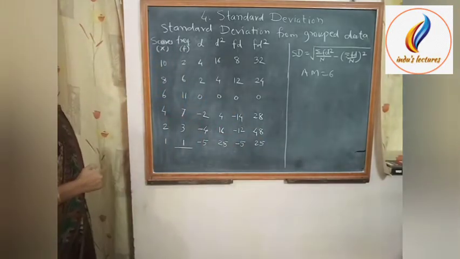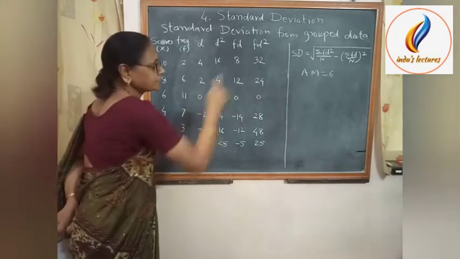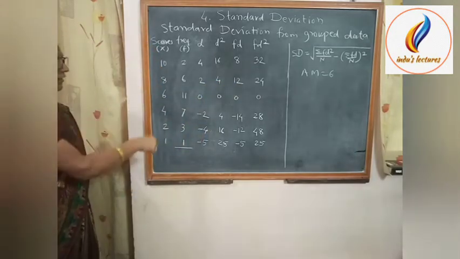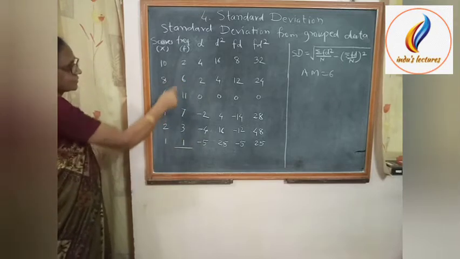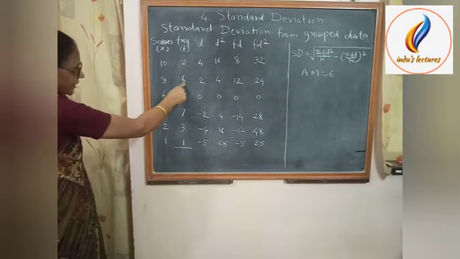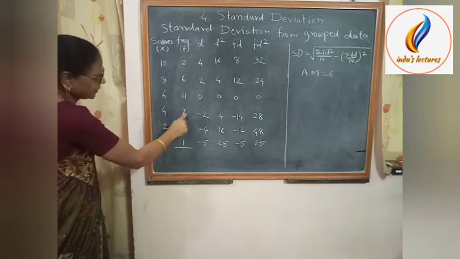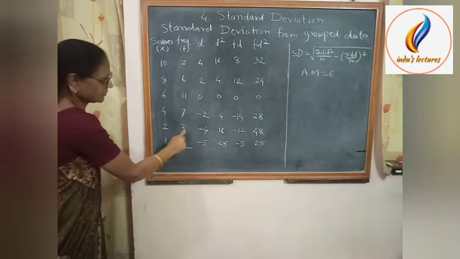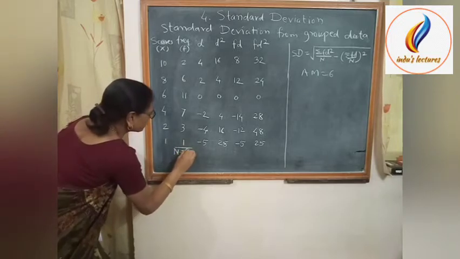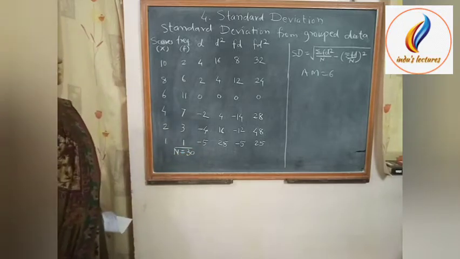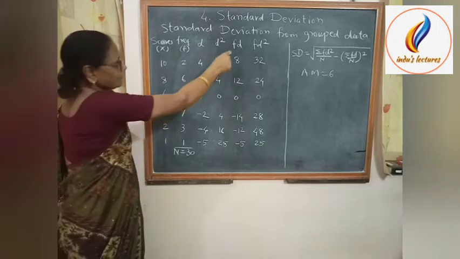Now N means the sum of all frequencies. So take the sum of all frequencies: 2 and 6 is 8, 8 and 11 is 19, 26, then 29 and 1, that means N is equal to 30. Now take the sum of fd.